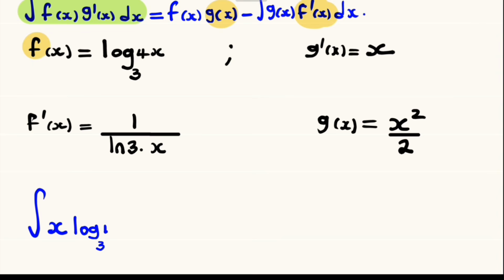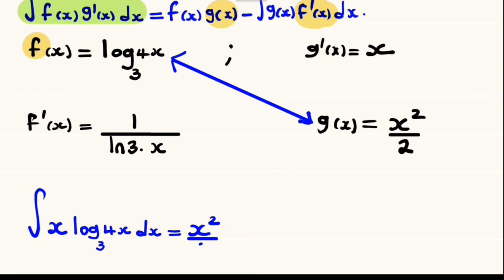Now, ladies and gentlemen, we have the integral of x multiplied by the log base 3 of 4x dx equal to the f of x multiplied by g of x. From that formula we have f of x multiplied by g of x, but let's start with the g of x. So we have x squared divided by 2 multiplied by the log base 3 of 4x, minus the integral of g of x multiplied by the f prime of x.